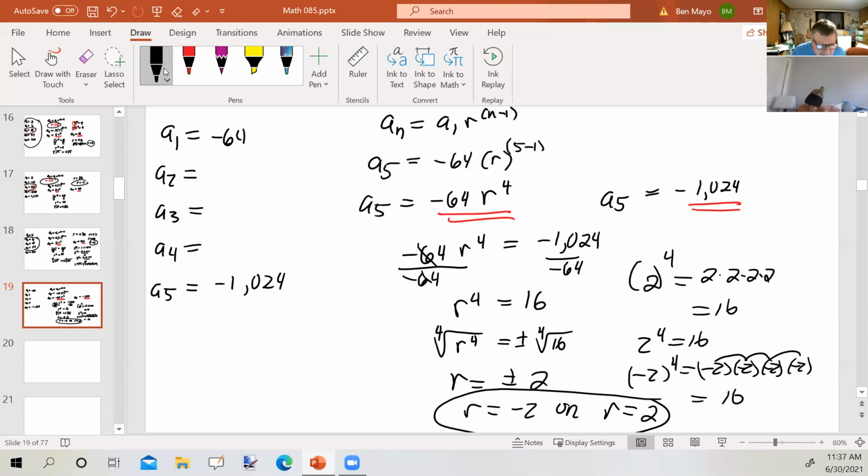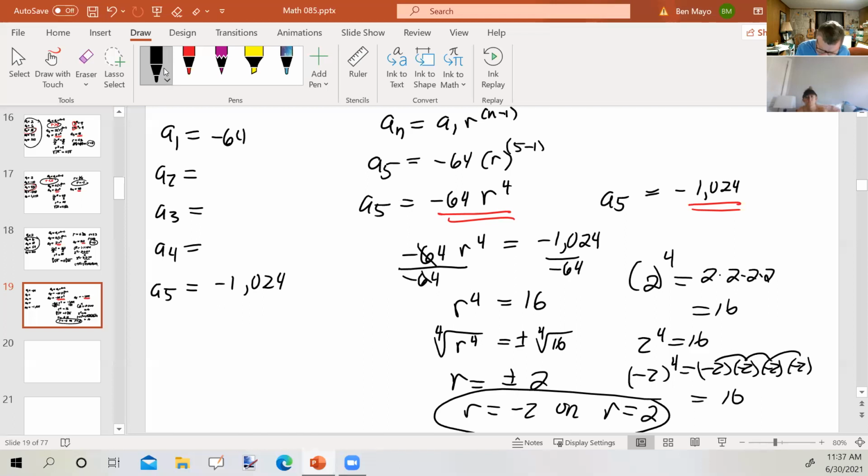But now let's go back to the directions again. We want 2 positive and 1 negative geometric mean. Let's take the -2 and see what happens if I use that.